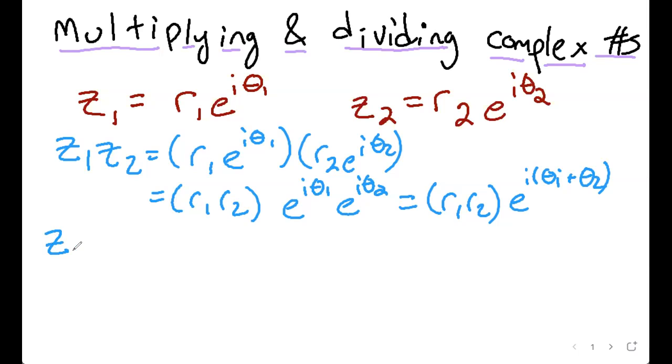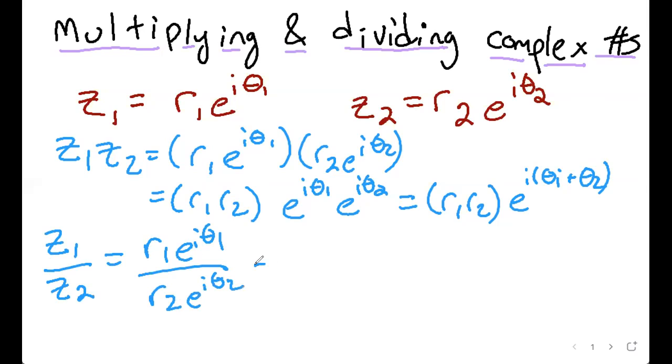And similarly, if we want to do Z1 divided by Z2, then this would be R1 e to the i theta 1, all of that over R2 e to the i theta 2. So we can put the R1, R2 together. R1 over R2 will be the new modulus, times e to the i theta 1 divided by e to the i theta 2.